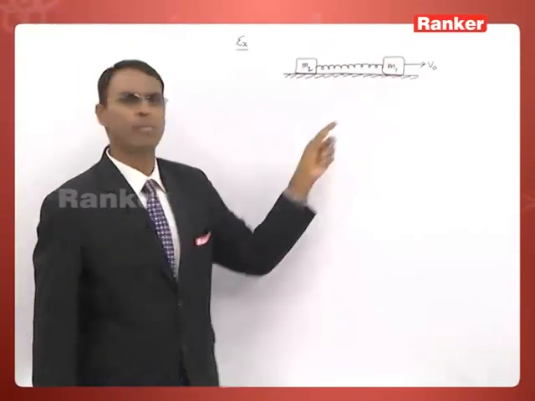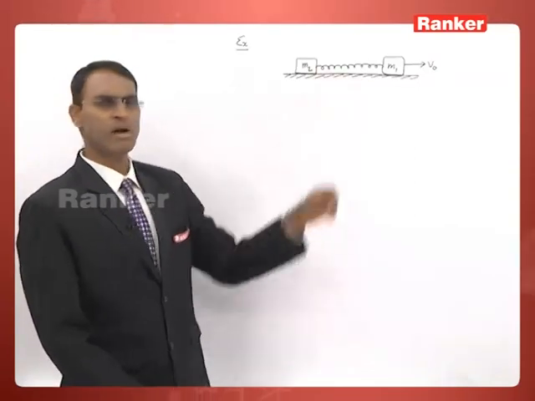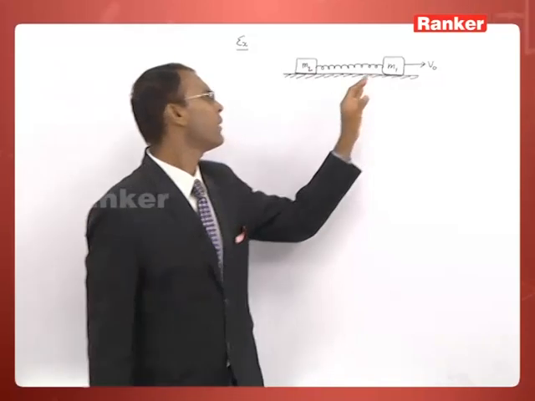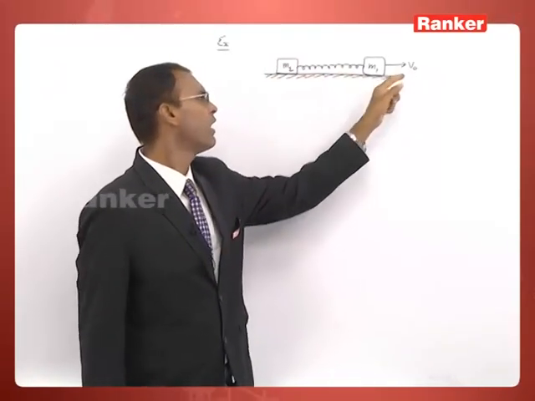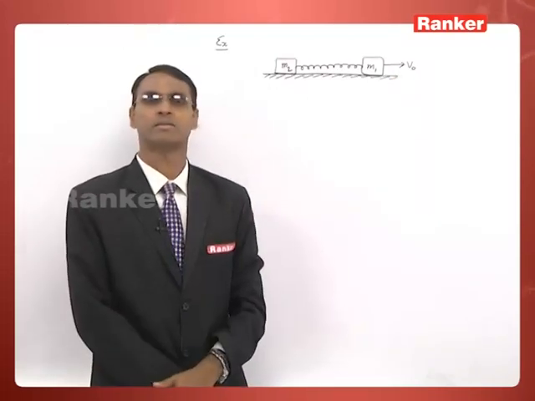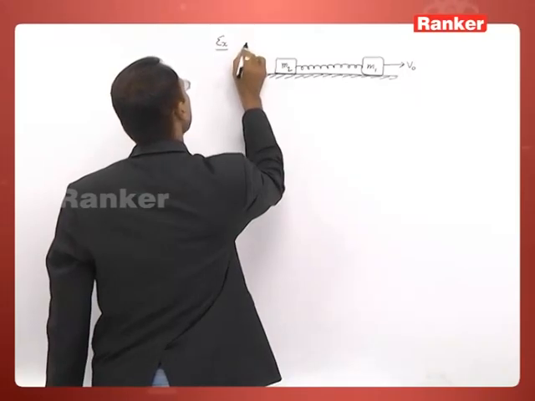Let us take this system of two particles, m1 plus m2. They are connected by the spring. If you push m1, or project m1 with the velocity v naught, what will happen? Analyze the system.